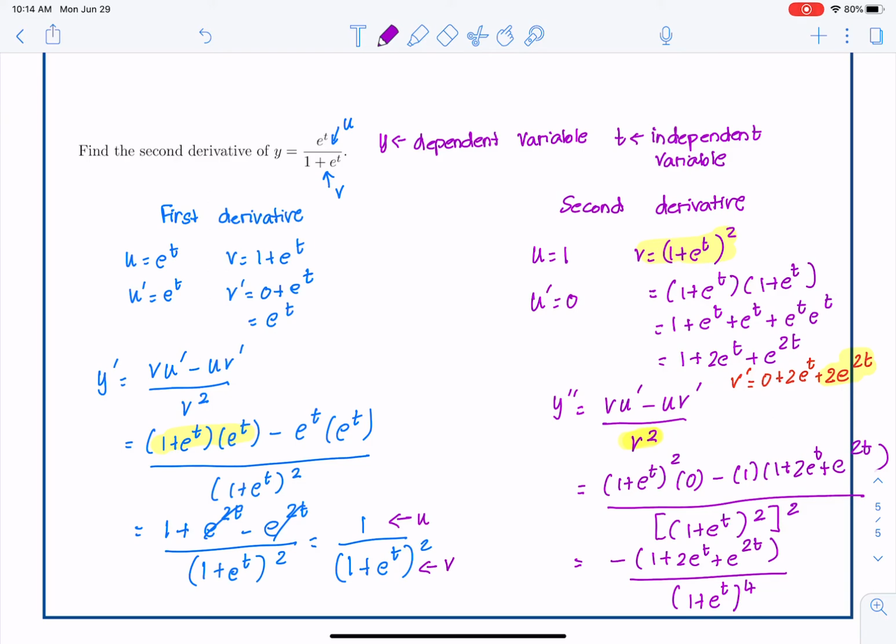And anytime you try to find higher order derivatives, make sure you simplify the lower order derivatives and then move forward. So in this problem, I first simplified y prime prior to moving on to the second derivative.